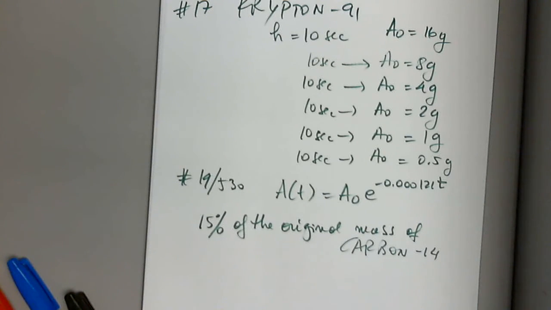Okay, so here's the question one more time. We have prehistoric cave paintings that were discovered today, let's say, and they measured the still existing carbon-14 in those paintings. They came up with the conclusion that the paintings still have carbon-14, but only 15% of what they had initially. When they were painted, the paint had carbon-14 in it.